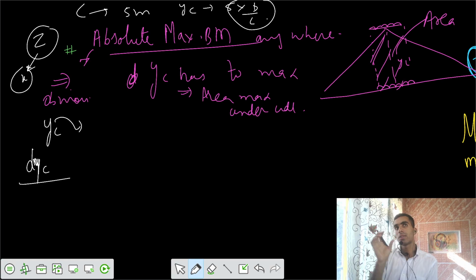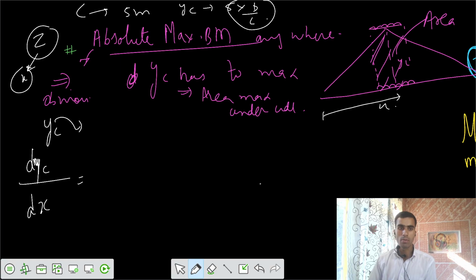So I need to check the value of X where YC would be maximum. I have to differentiate or maximize it with respect to the location X. That means X is the location of that section C.